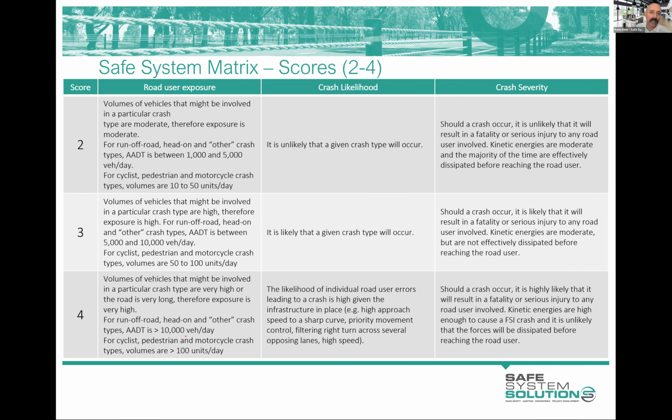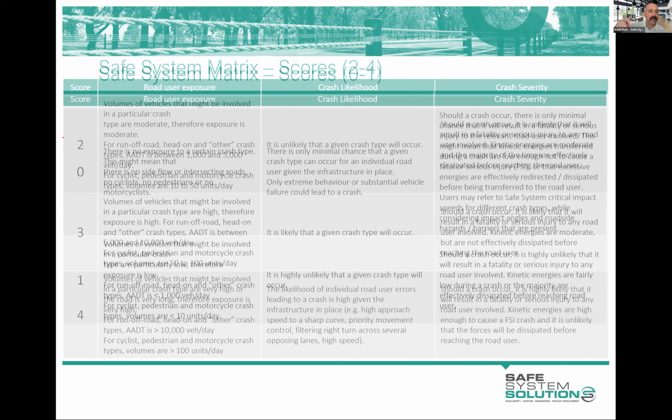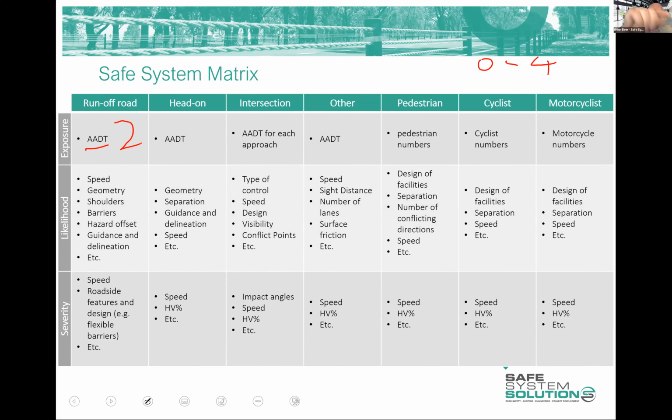So what did we say? We said 2,000 vehicles a day. Well, 2,000 vehicles a day is between 1,000 and 5,000, so the score we're going to put into the matrix there is a 2. That is the volume of vehicles exposed to run-off road crashes.